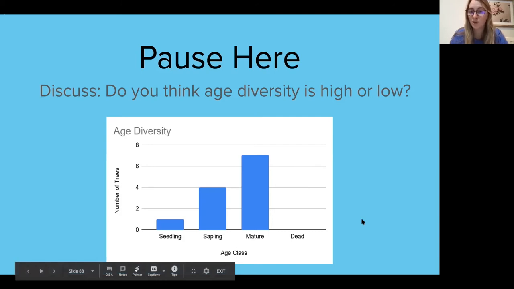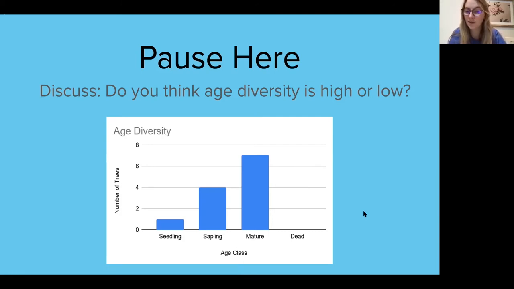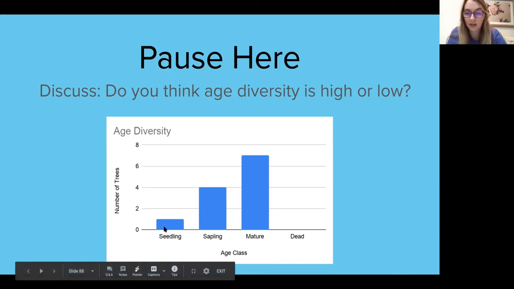So do you think age diversity is high or low? This actually looks fairly similar to our forest biodiversity graph where we have 3 out of the 4 that we were able to find. So I would say yes, our age diversity is high. We didn't see too many seedlings and we didn't see any dead trees.